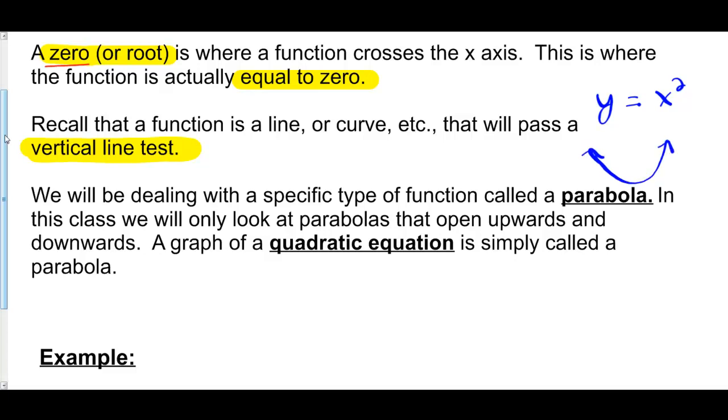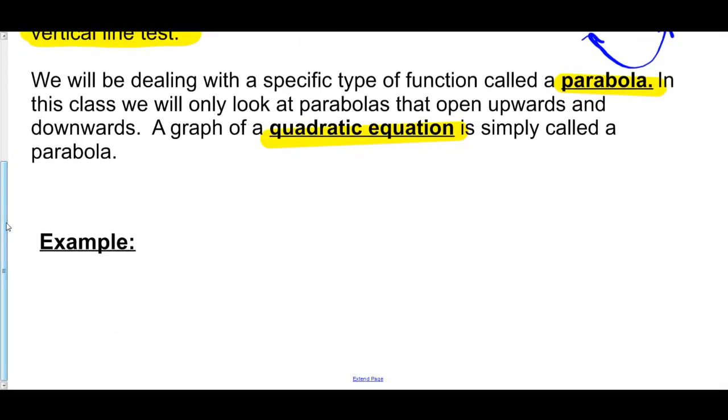We're not going to get crazy with this in this class. We're just talking about parabolas that open upwards and downwards. Remember, the graph of a quadratic equation is called a parabola. That's it. So let's look at an example real quick.